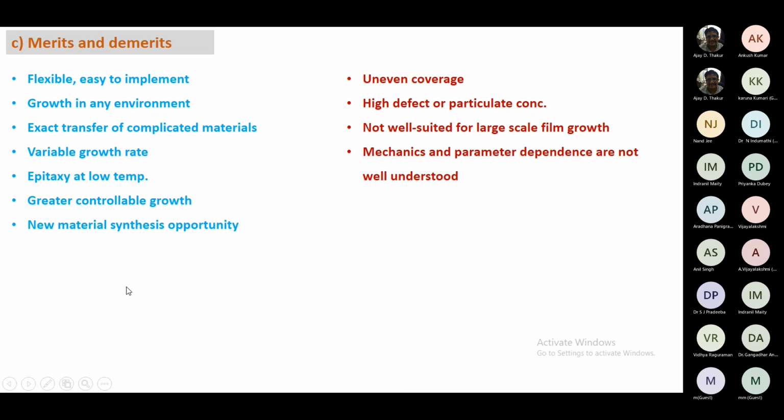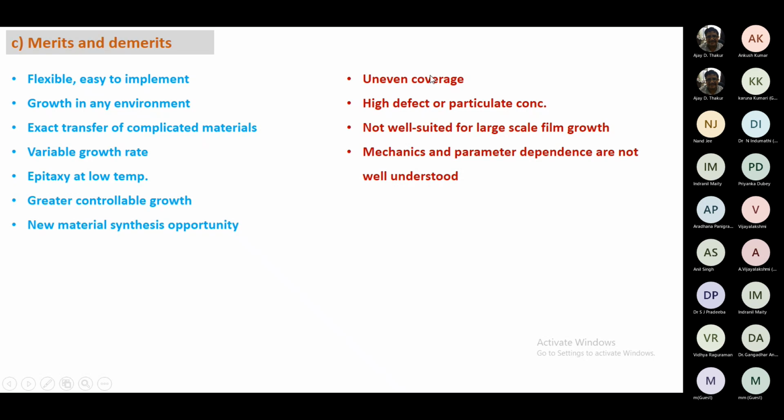So again the point is that a new material synthesis opportunity is there due to this type of synthesis technique. And the demerits are here: if the substrate size is large, compared to 1 centimeter by 1 centimeter, which is fine, then you can see that at the central point the deposition is highest, and when we go to the edges, the deposition of the material will be lower compared to the central point.